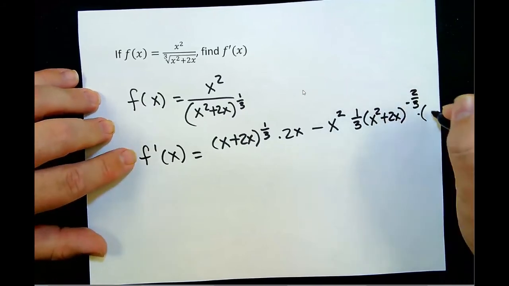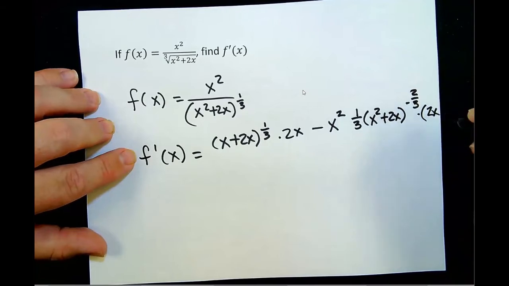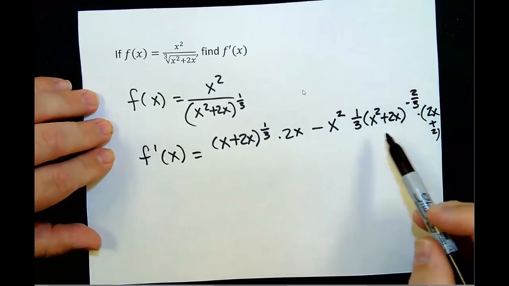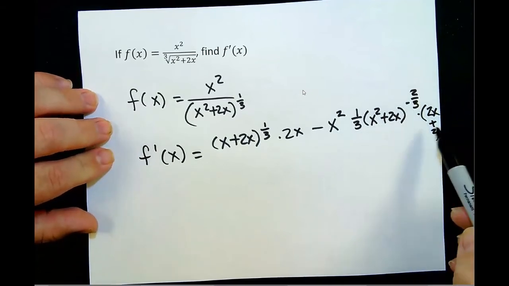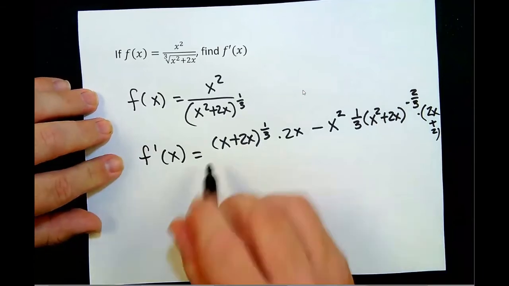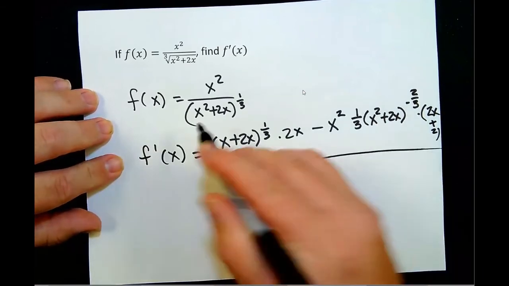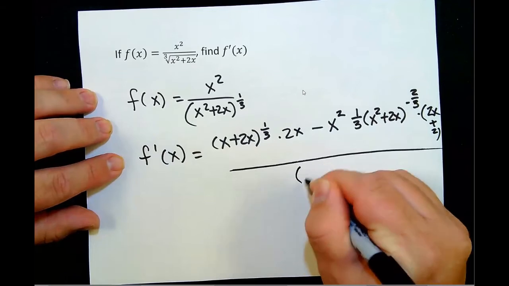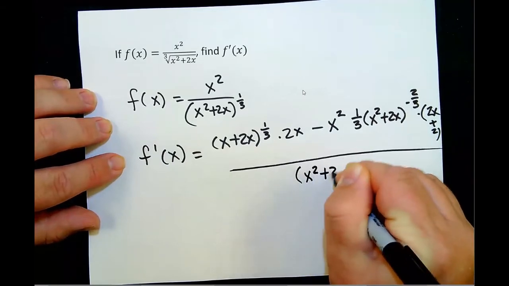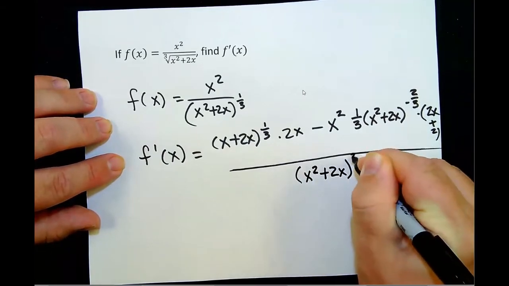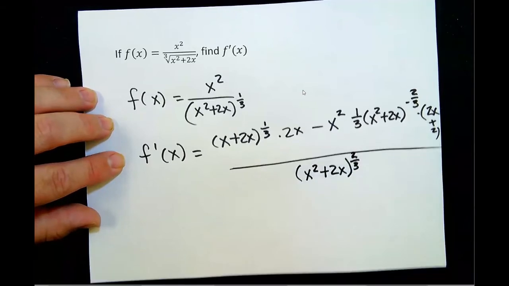derivative of the inside, 2x plus 2. Wow, that's not very good. So the derivative of the inside is 2x plus 2 all over low squared, which would put that at the 2/3.